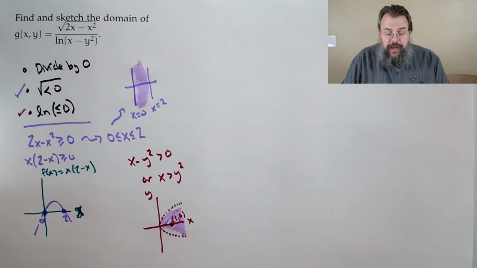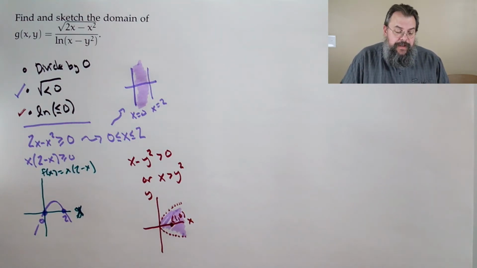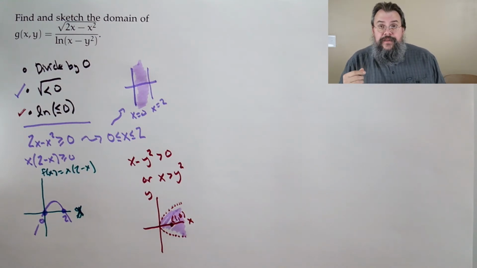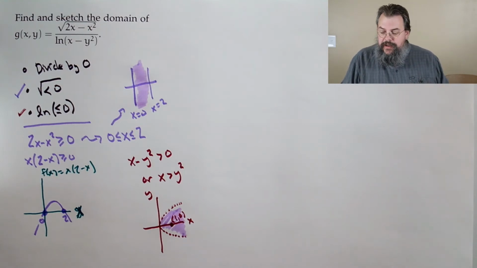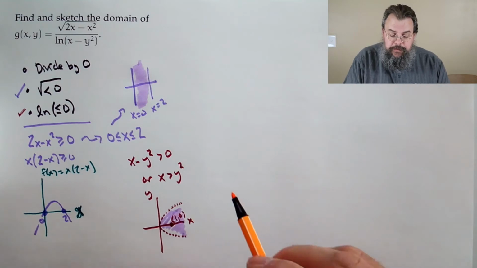One more thing to figure out, divide by 0. Now, let's think about it. When would we divide by 0? That would be, when does the log of x minus y squared equal 0?